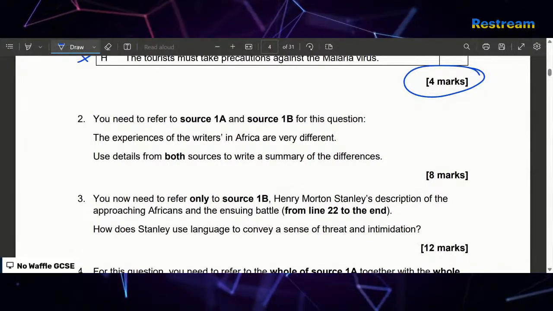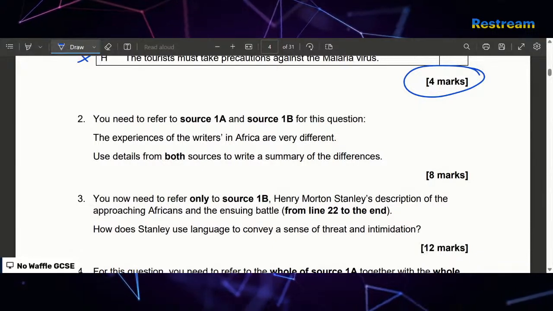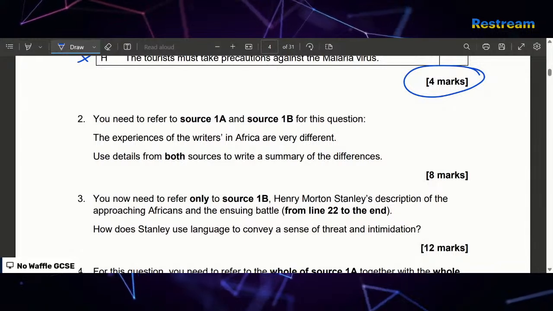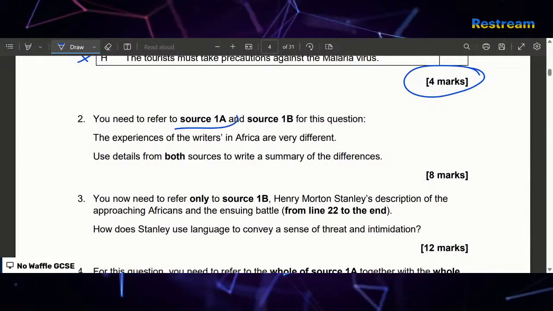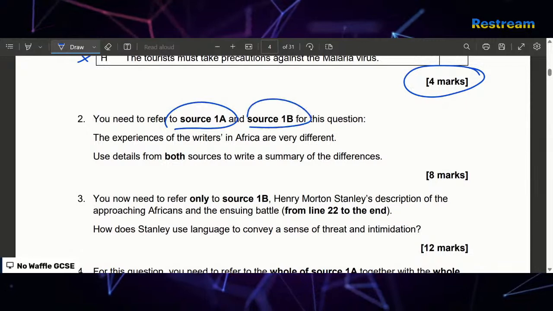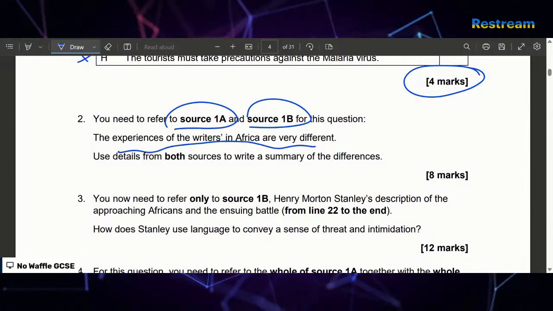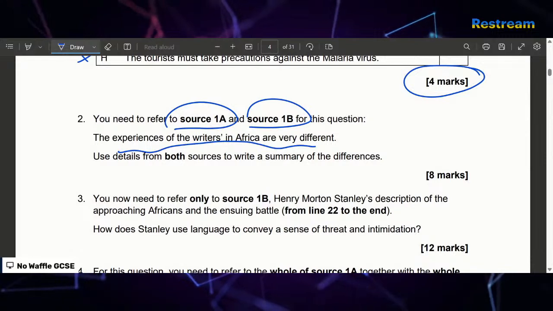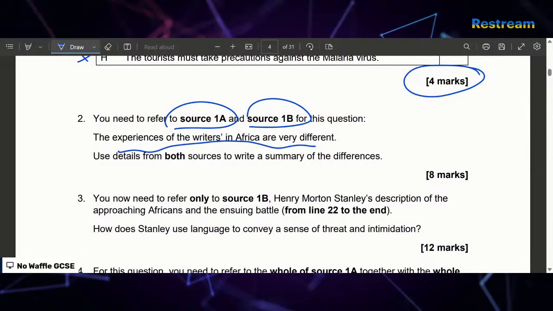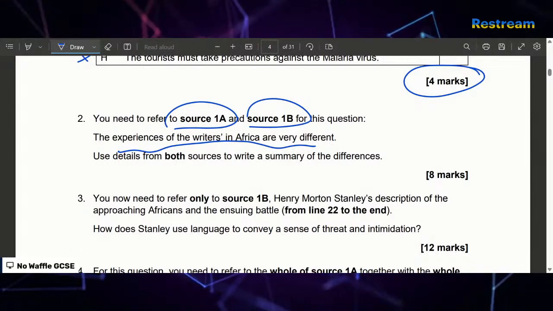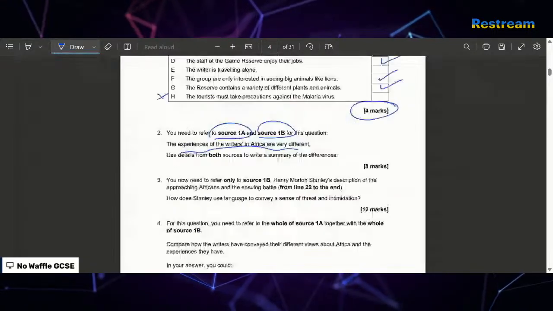Now, I actually have a special tip for you. So I would suggest, because this is a summary of the entire of the extracts, you're not given line references, and we're told about the experiences, I would recommend doing this question later, because the next question, question 3, which is the 12 marker, is language analysis on a particular section.